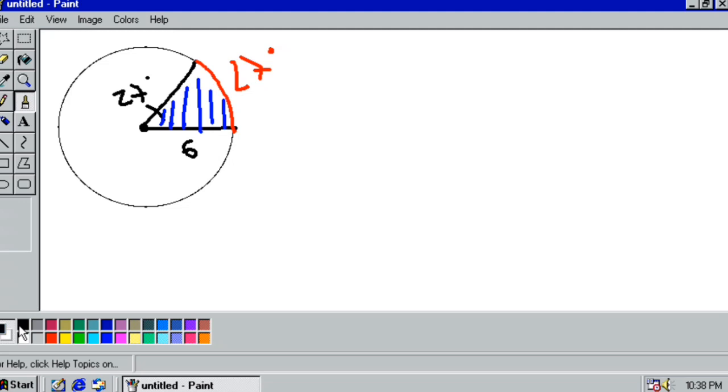Now, to find the area of a 27 degree sector, we'll have 27 over 360 times our area.